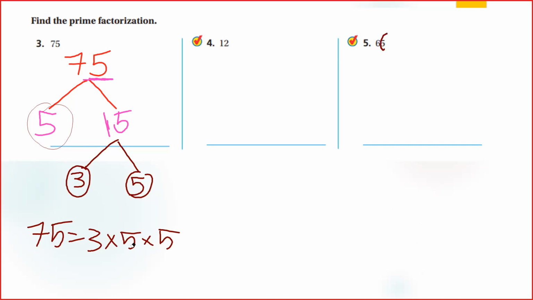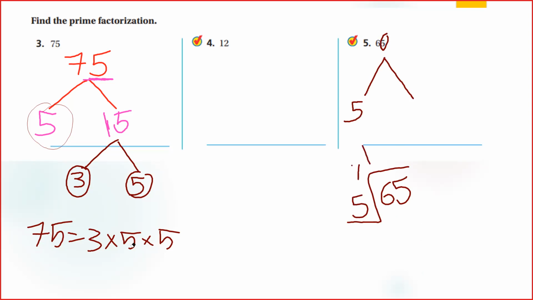65 starts with 5, so we can divide it by? Divide by 5. Bravo. Now, let's remember the long division here. 65 divided by 5. 6 over 5 is 1. 1 times 5 is 5. 6 minus 5 equals 1.